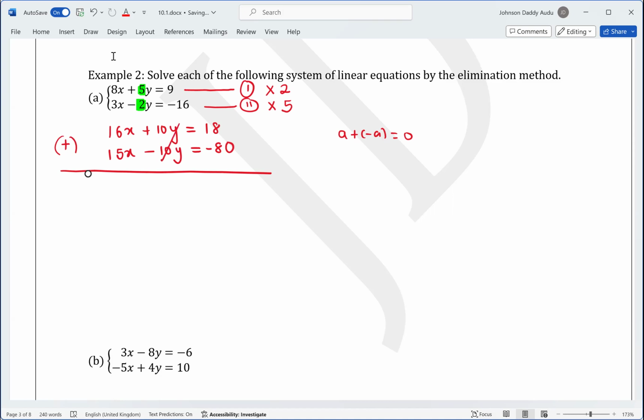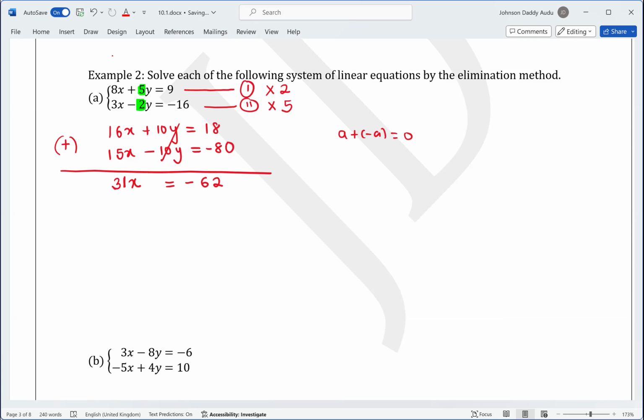But 16 and 15 will give us 31. Now this side is going to be 18 and, because we're adding, minus 62, right? Minus 62, yes.